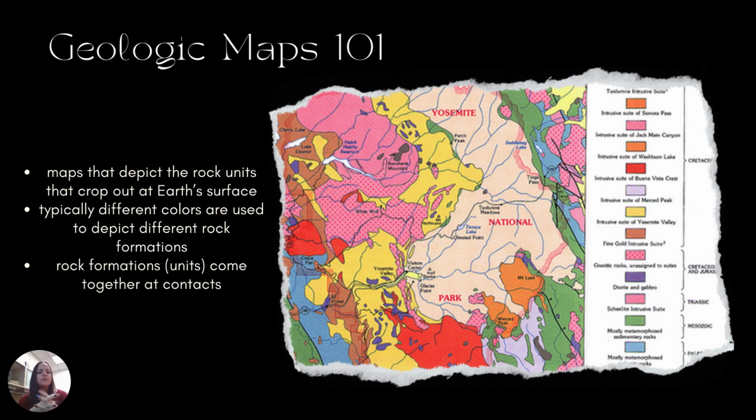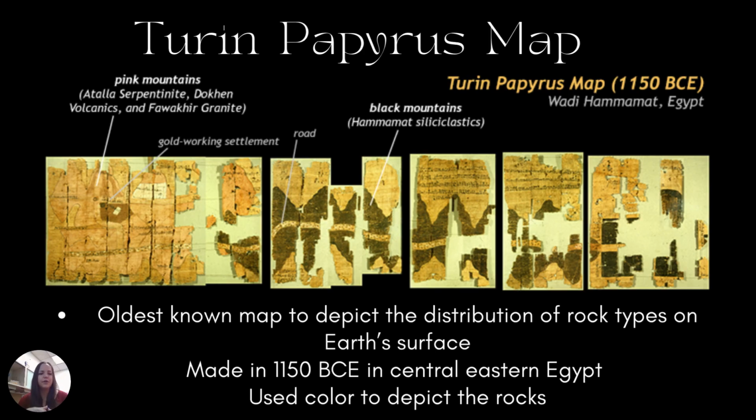Their different colors are used to depict different rock formations or units, and where those two colors meet are called contacts. So prior to having maps like these, one of the first maps ever produced was made in 1150 BC in Central Eastern Egypt.